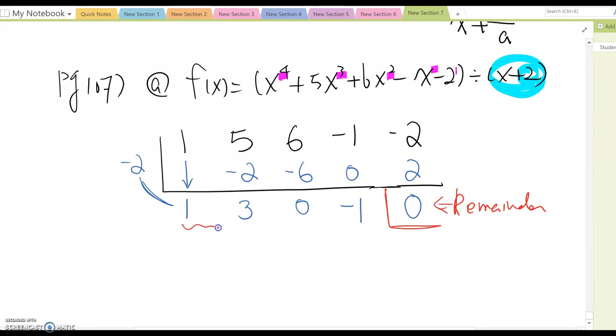And now this will be our quotient. As you see, we are dividing a fourth degree leading term by a single degree divisor, so you reduce all degrees by one. So it becomes cubic, square, single, and constant.